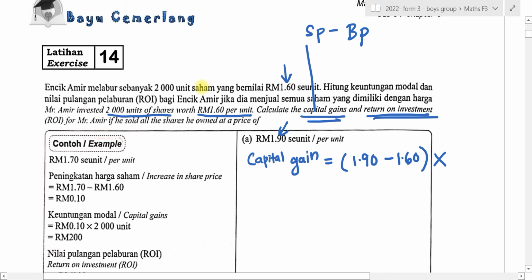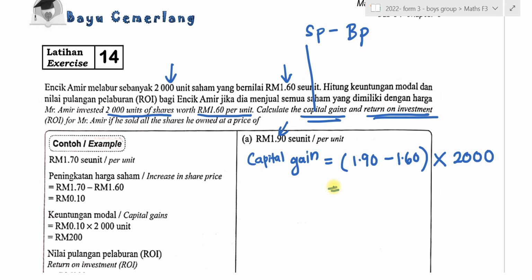How many unit you own? You own for 2,000 unit, right? Times by 2,000. So the capital gain you're getting here is 30 cent, 0.30 times 2,000. So I'm getting 600 ringgit. Okay, this is the capital gain.